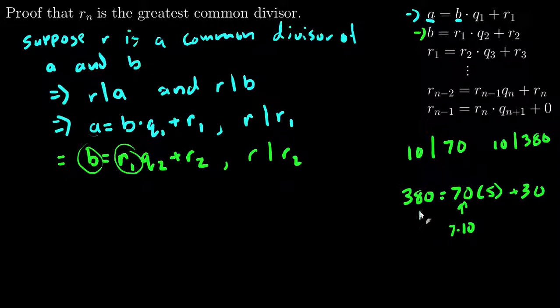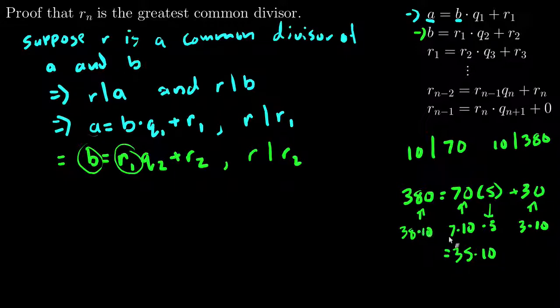This is 38 times 10. And clearly this is 3 times 10, we know that, but it has to actually be a multiple of 10, because this being a multiple of 10, multiplied by 5, means that this is 35 times 10.